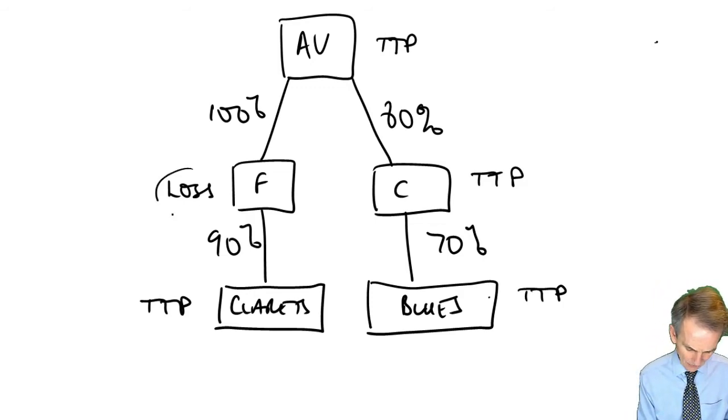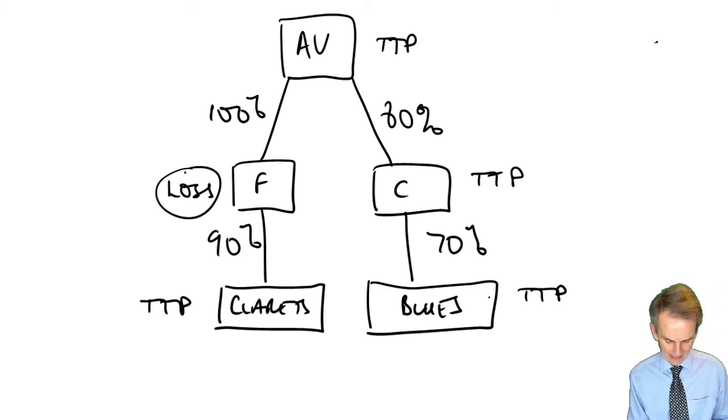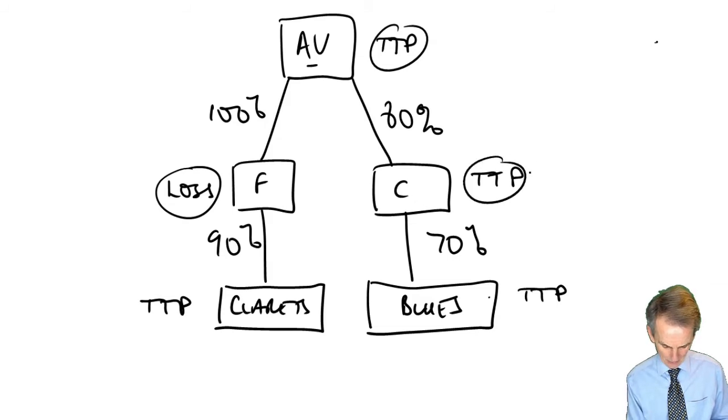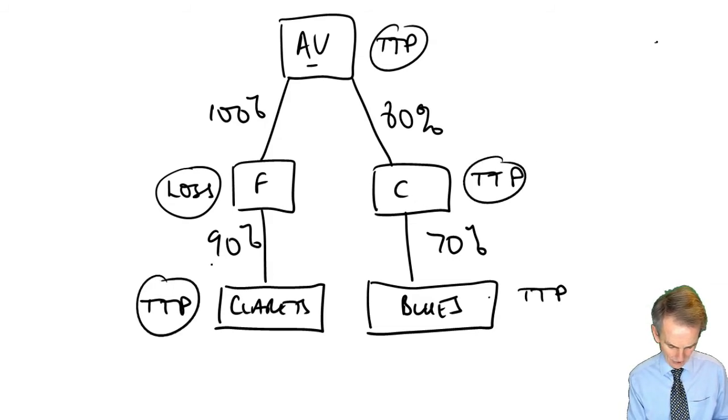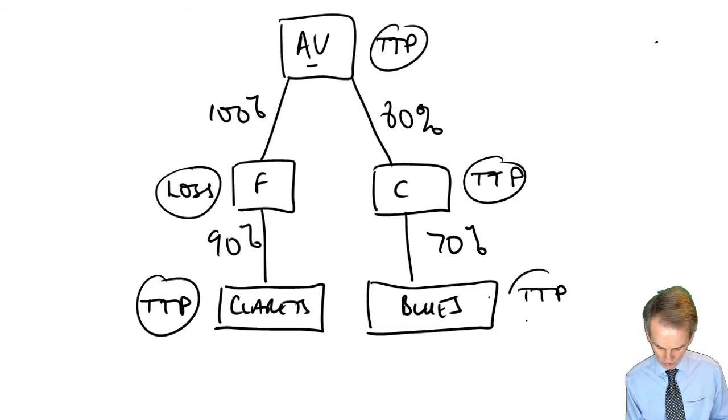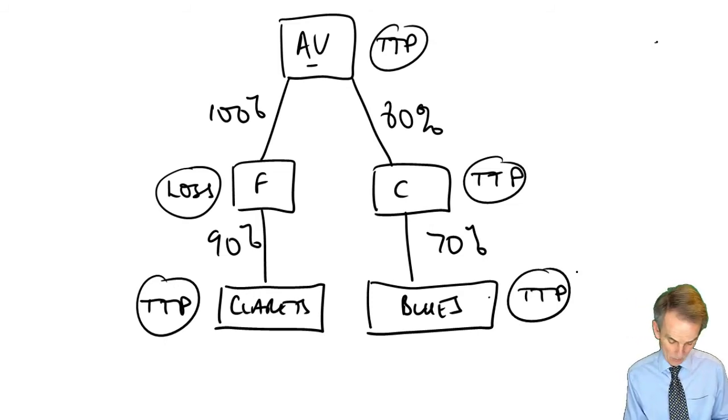But in this, we've got company F here making a loss, and all the other companies, the principal parent company, AV, with a profit, its co-subsidiary, C, making a profit, its own subsidiary, Clarence, with also a TTP, and the subsidiary of C, Blues, also with a profit. And what I'd like you to do there is to identify where that loss of F may be group relieved, indeed who may group relieve with whom. Could you sort that out for me now, please?